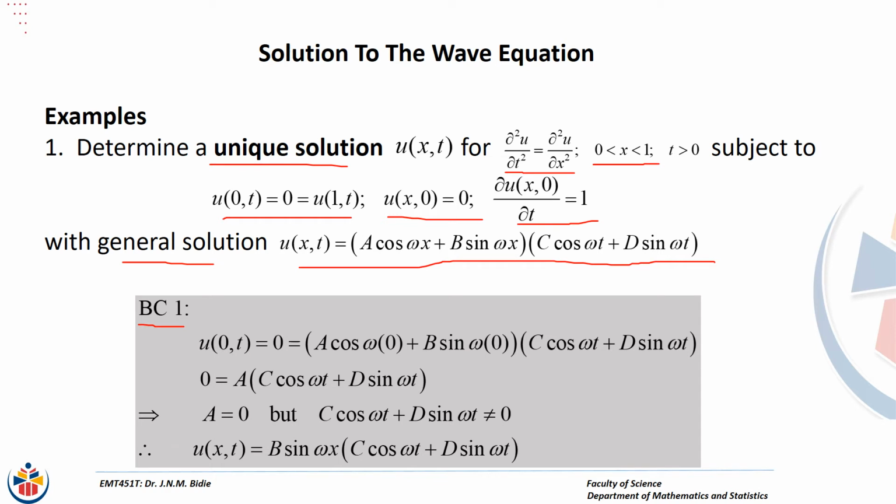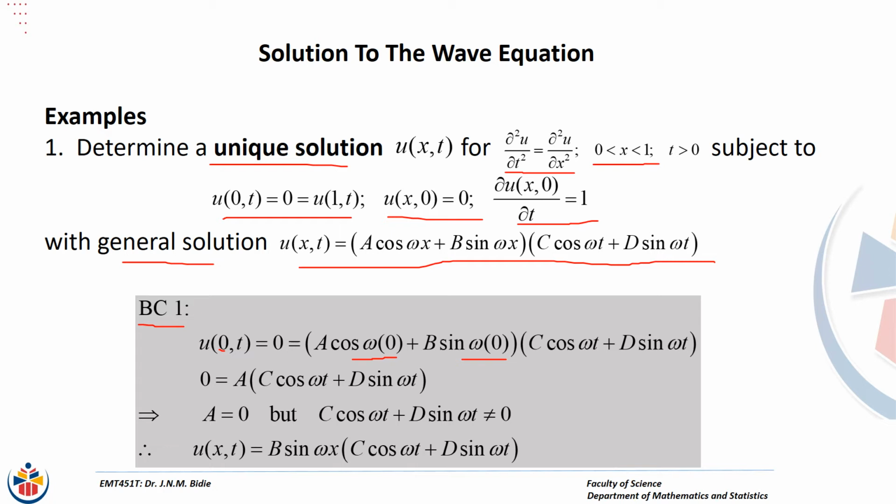When you say u of 0t, that means the value for x is equal to 0. So it's x equal to 0. In the formula, substitute 0 wherever there is x. You can see that the second bracket has not been affected by the value of x, because the second bracket does not have x.